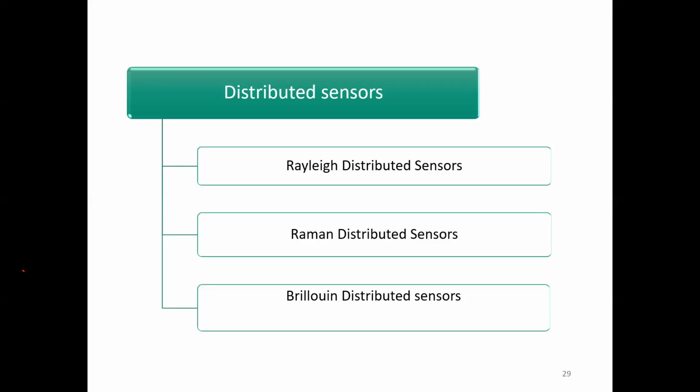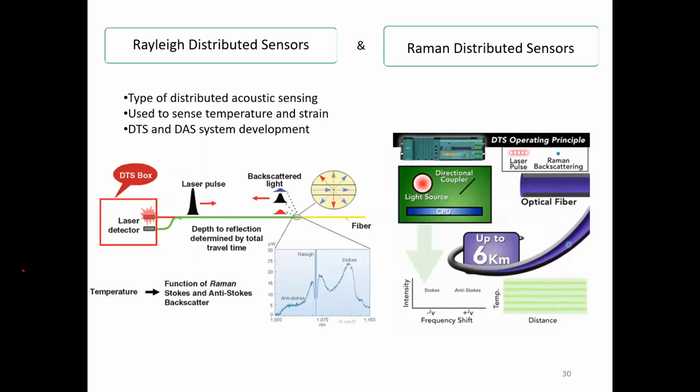Raman scattering was discovered by Professor C.V. Raman, and he got the Nobel Prize for the discovery of that particular effect. So in his honor, it is called Raman scattering, and likewise Brillouin. I will explain all this in the next slide, what these are, one by one.